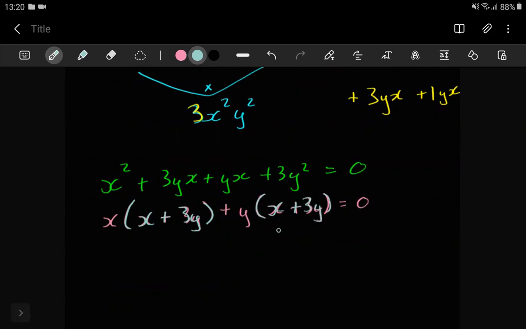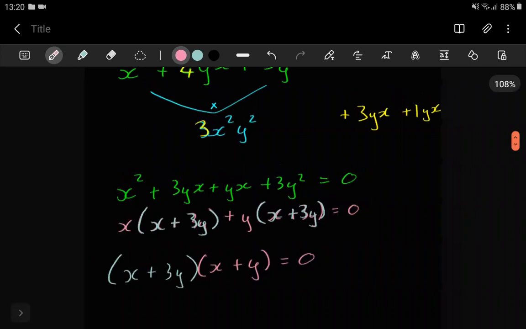That's a common factor, so you can take that out, and what you're left with is this x here plus this y over there, equal to 0.